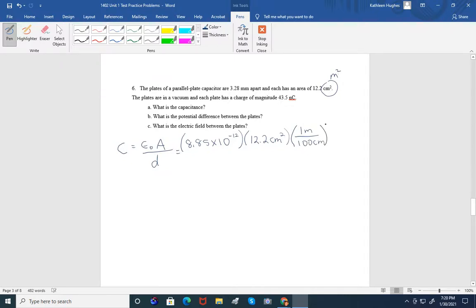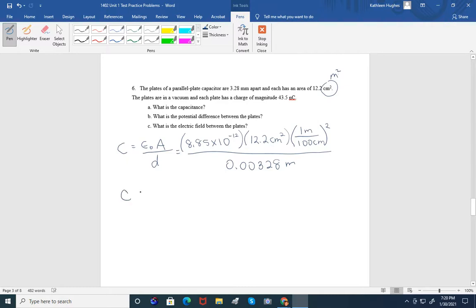I need to square that because I don't want centimeters or meters, I want square meters. And the distance, 3.28 millimeters, is 0.00328. That's also in meters.